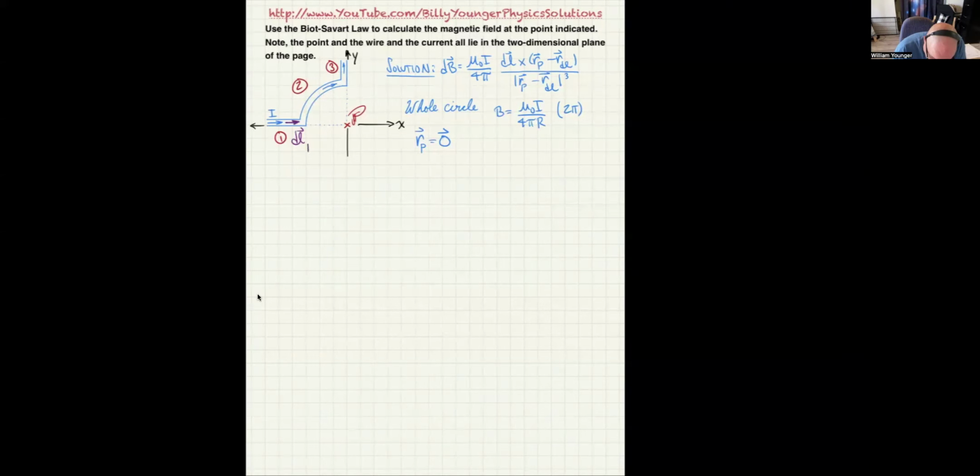I'll call this dl1 for part 1. For part 2, I'm going to have a dl vector that is shown there. This is dl2. And then for part 3, I'm going to have a dl vector, dl3. We can go ahead and work out what those are. So for starters, let's take part 1.